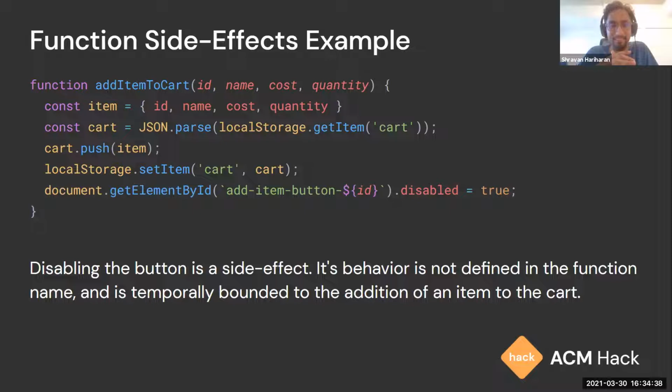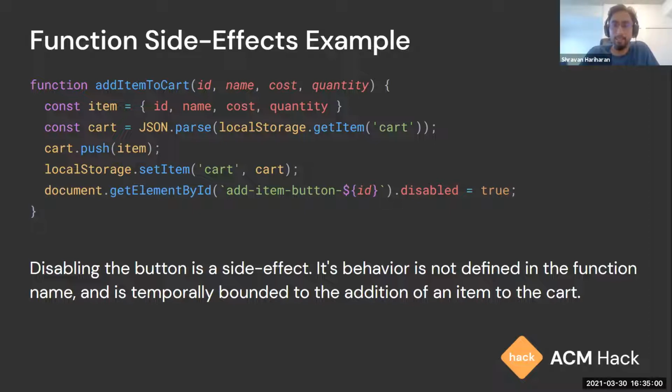Okay, what is that? That is called a side effect, right? When you think about adding an item to a cart, it should add the item to storage, right? That's what you would think a function called add item to cart does. But why is it disabling a button? Is that intended behavior? You don't really know, and it just becomes really confusing.